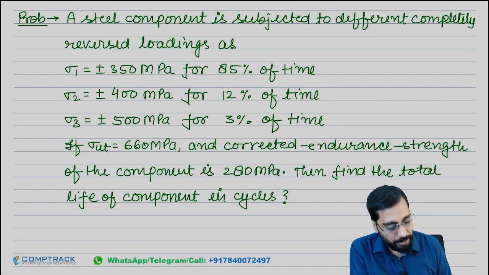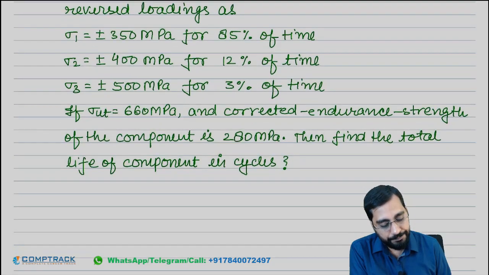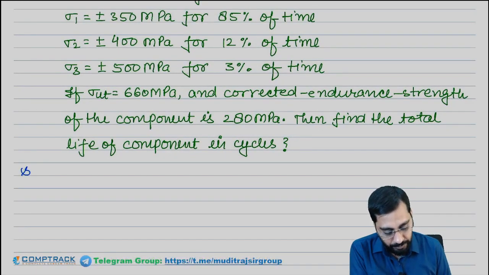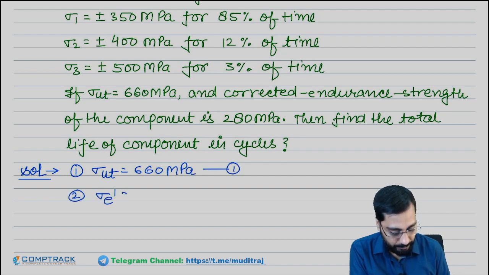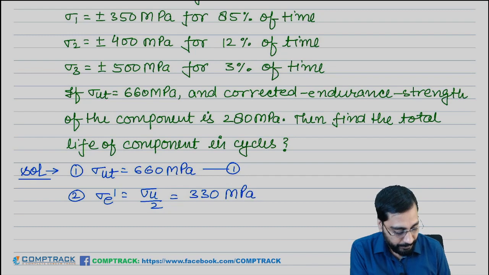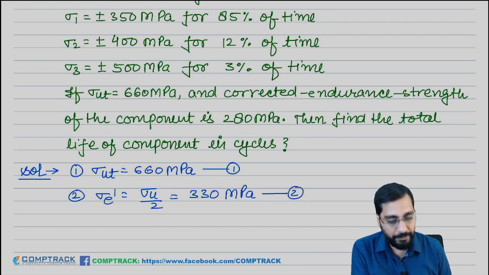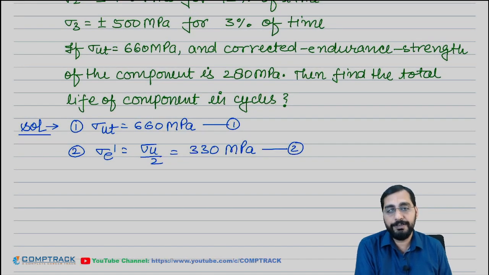So now check how to solve this type of problem. First of all, sigma ut is given to us, 660. So sigma E dash will be sigma U divided by 2, 330 megapascal. At this stress, 10 to the power 6 cycles will be completed.